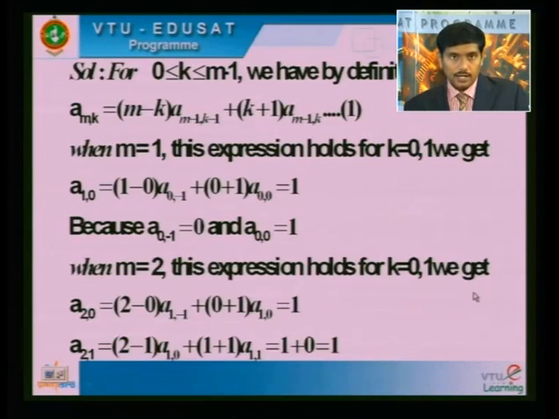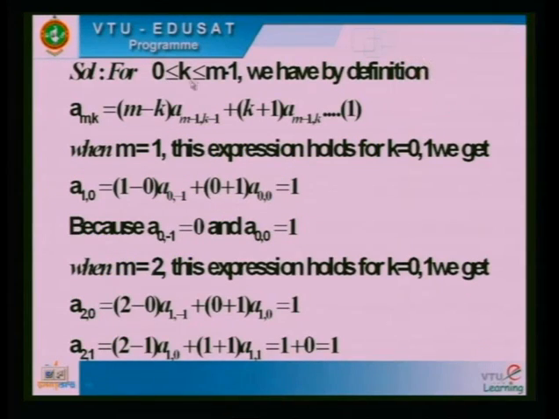Here for 0 less than or equal to k less than or equal to m minus 1 we have the definition A of m, k equals m minus k times A of m minus 1, k minus 1 plus k plus 1 times A of m minus 1, k. This is the definition of Eulerian numbers.